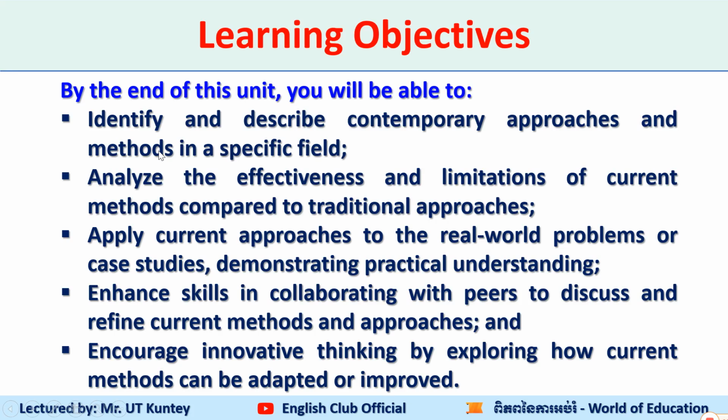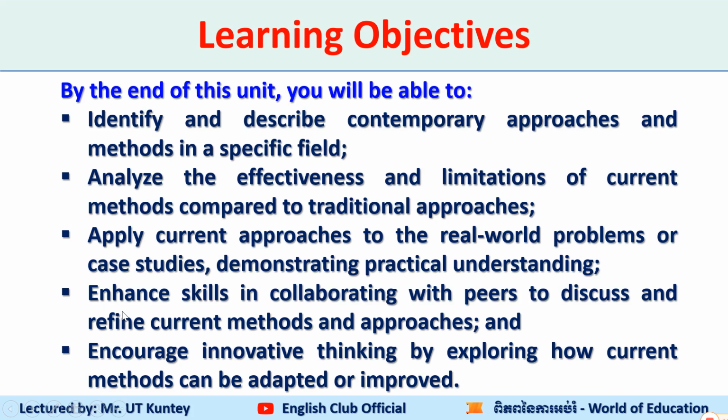So the first one, you identify and describe the contemporary approaches and methods in a specific field. Number 2, you analyze the effectiveness and limitations of current methods compared to traditional approaches. Number 3, you apply the current approaches to a real-world problem or case study to demonstrate practical understanding.